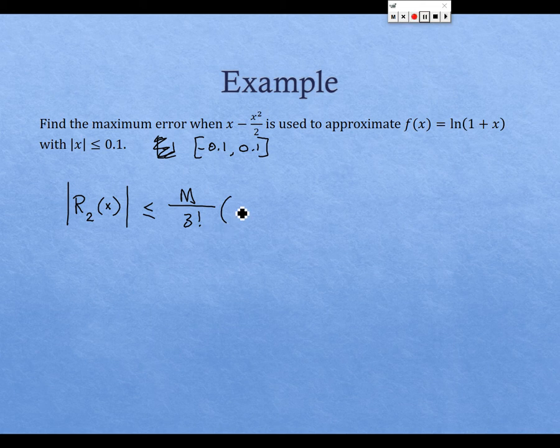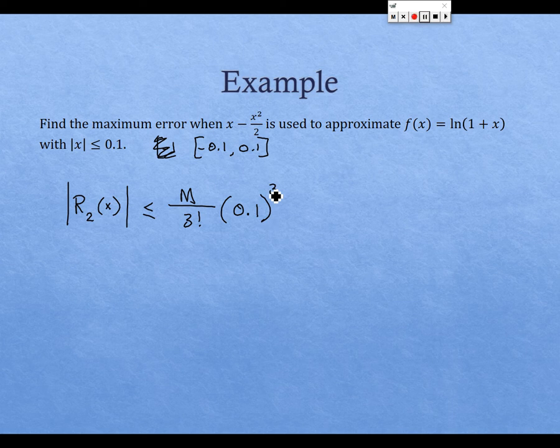So how far away will we ever be from the center? It'll be 0.1 in either direction, negative 0.1 or 0.1, but we take the absolute value, so it'll just be 0.1 to the third. Now we still need to figure out the maximum error.